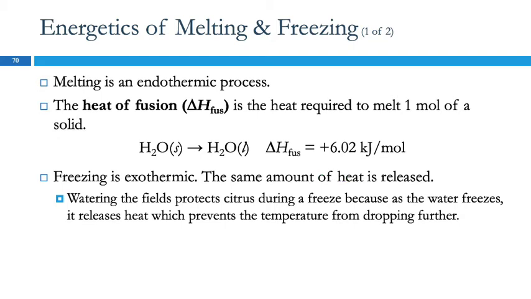So melting is endothermic, that means freezing is exothermic. So if you freeze a mole of water, then 6.02 kilojoules per mole of energy are released into the surroundings. And this one is a little hard to get your mind around. But how do we freeze water into ice?